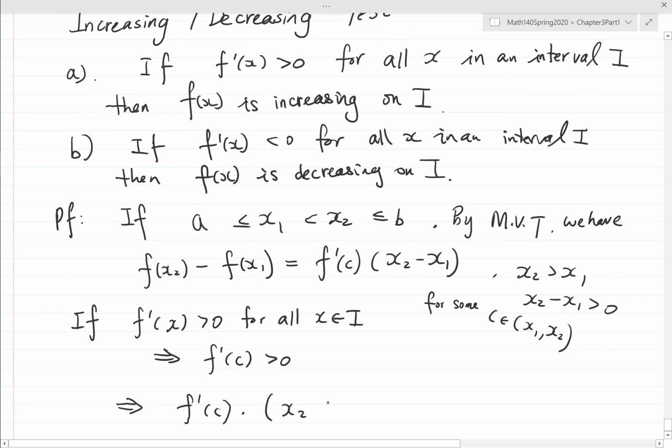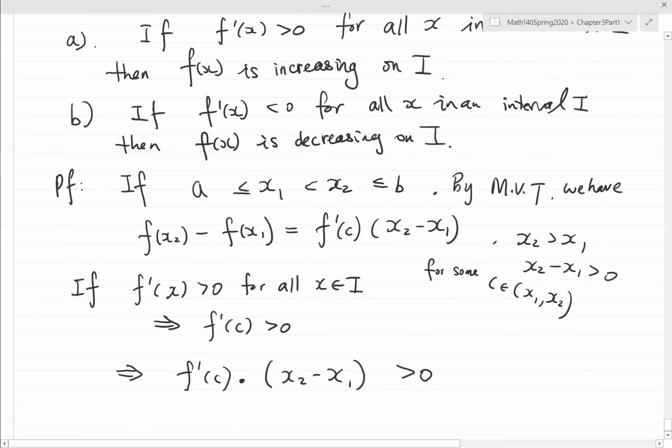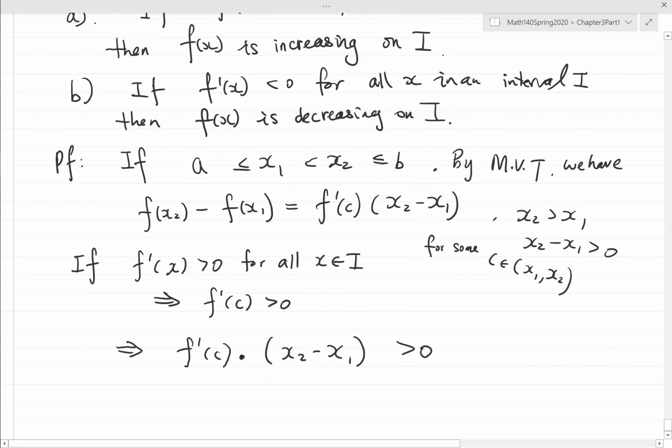Multiplying by the positive factor x2 minus x1, the product of two positive factors is again positive.